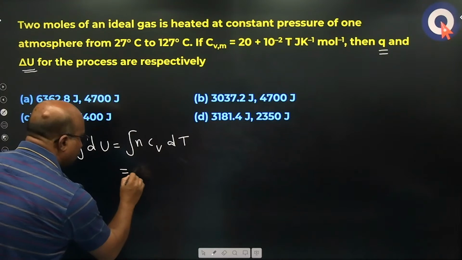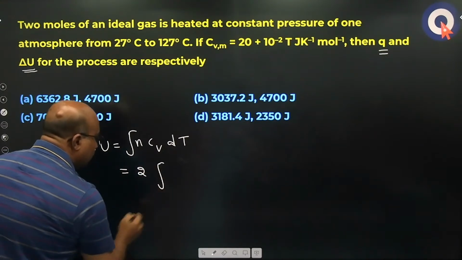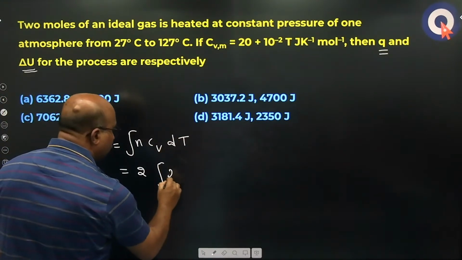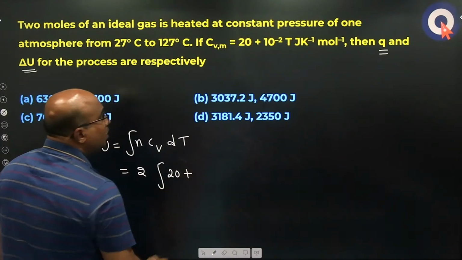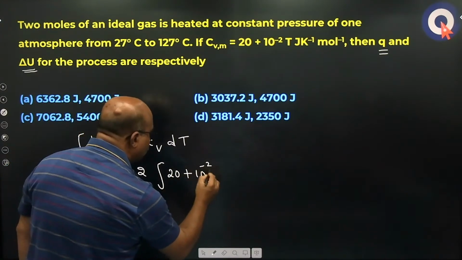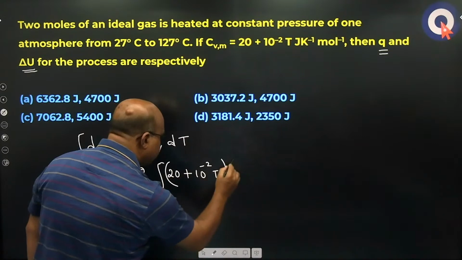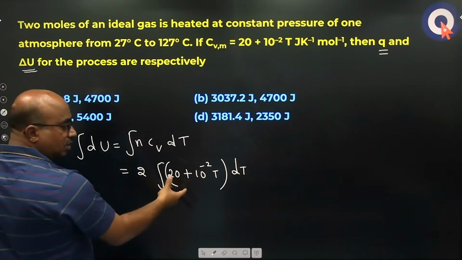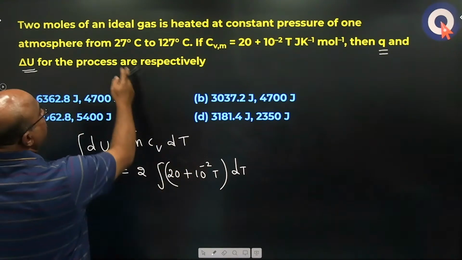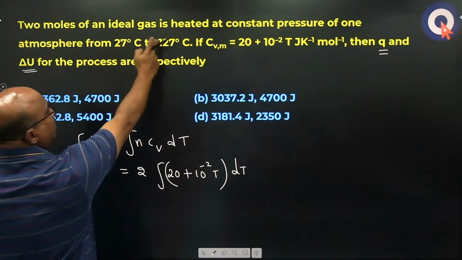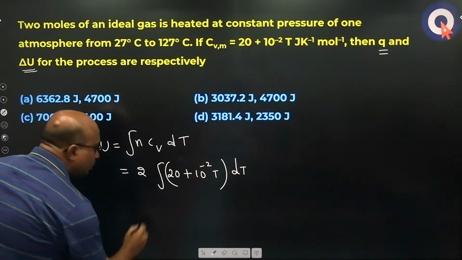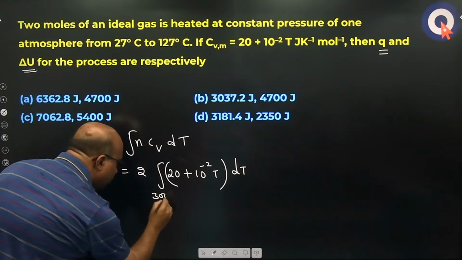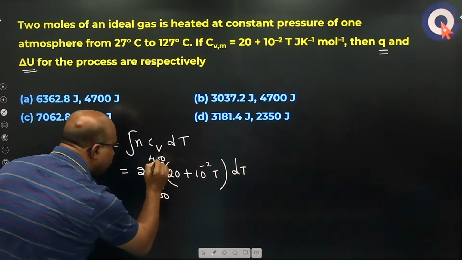N is 2, which you can take as a constant. CV is given as 20 plus 10 to the power of minus 2 T, times dT. Since it's a function of temperature, the temperatures are given from 27 degrees centigrade to 127, so this has to be 300 and this is 400.